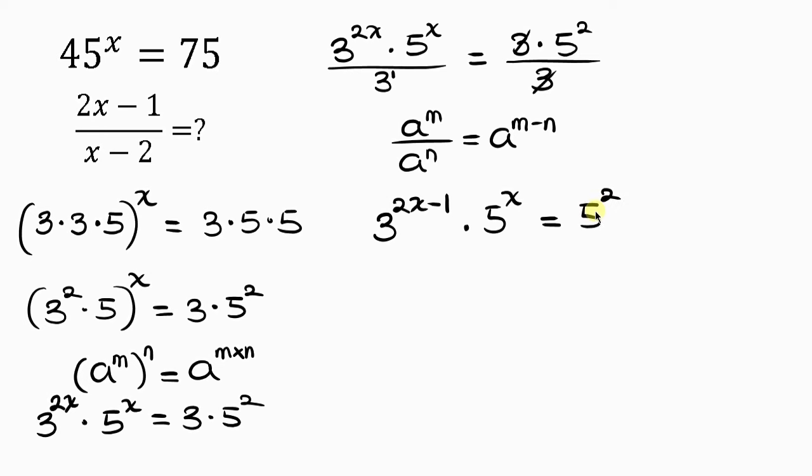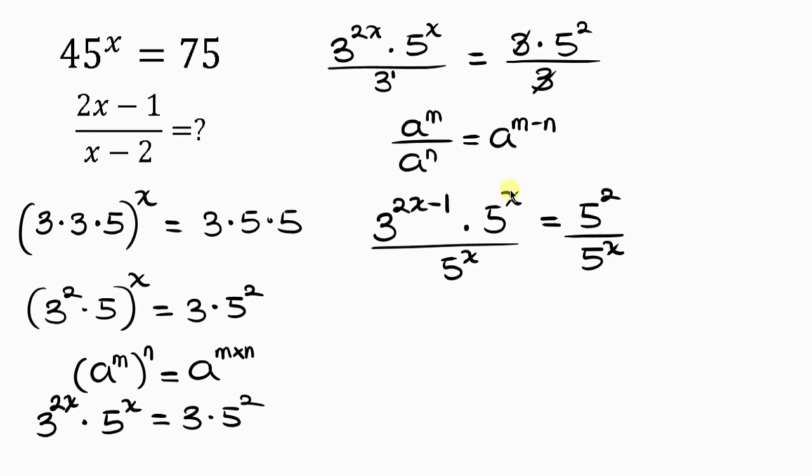Our next step will be for us to get rid of this 5 to the x from the left hand side so that we only have it on the right hand side. And in order to do that, we're going to be dividing both sides by 5 to the x. So I'll divide the left hand side by 5 to the x. I'll also divide the right hand side by 5 to the x.